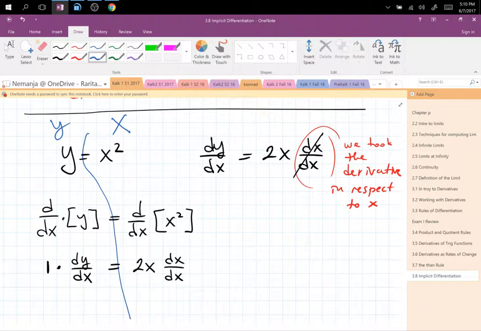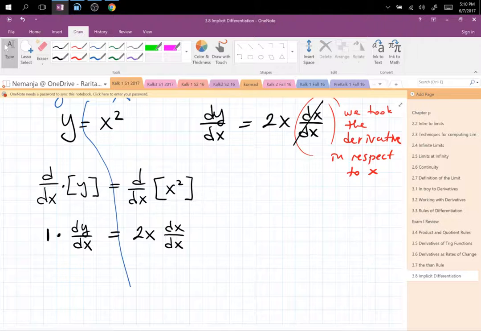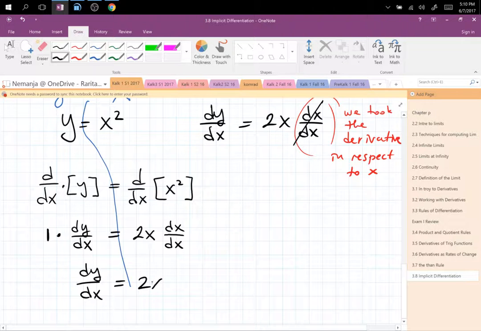On the right-hand side, you have x squared, whose derivative is 2x, and then you took the derivative of x in respect to x. So now, on the left-hand side, dy dx remains, and on the right-hand side, these guys cancel. And this is actually what's happening in the background. So we never write this dx over dx.